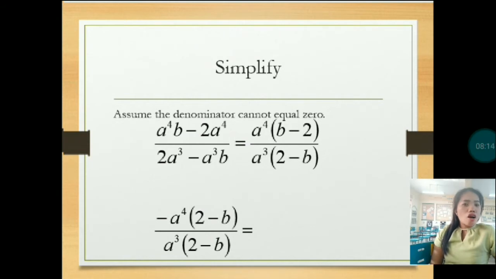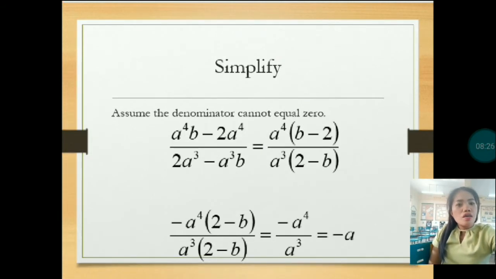Now, our signs in our binomials, the ones enclosed in parentheses, in both our numerator and denominator are the same. So we have here a to the power of 4, b minus 2 over a cubed, 2 minus b. Since we multiplied by negative a to the power of 4, we cancel out 2 minus b in our numerator and denominator, and we are left with negative a to the power of 4 divided by a cubed.